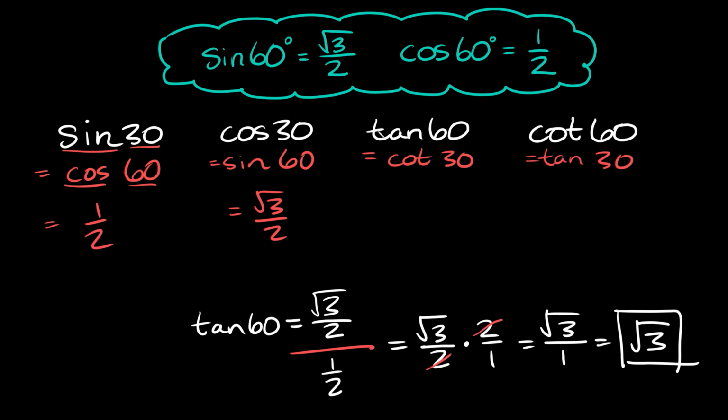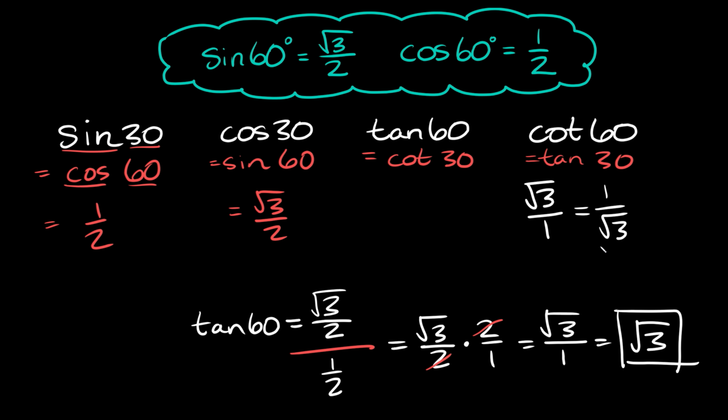All right, so here, for our problem, we got that the tangent of 60 degrees was equal to root 3. Or we could say root 3 over 1, right? So let's say that, since we know we're going to have to flip something. So we know the tangent of 60 degrees, right? We got that it's equal to root 3 over 1. So that means the cotangent of 60 degrees is going to be equal to the same thing, but again, it's just going to be flipped. So it's going to be equal to 1 over root 3.